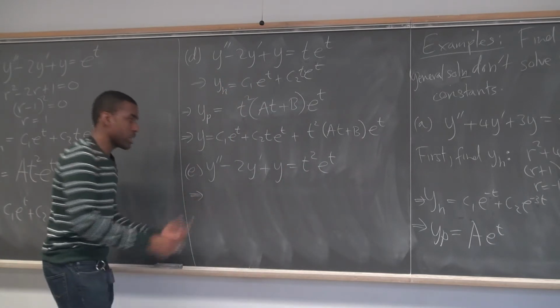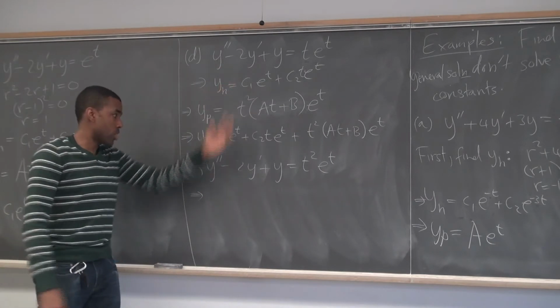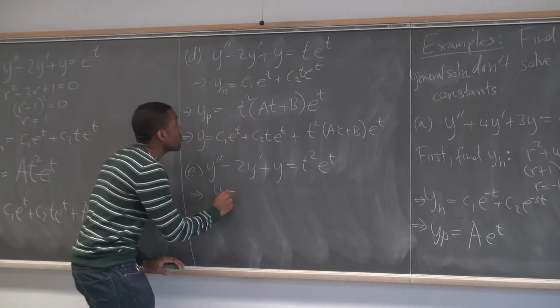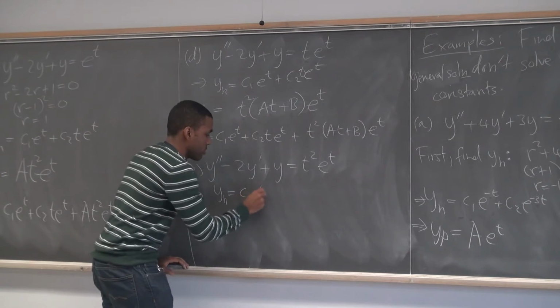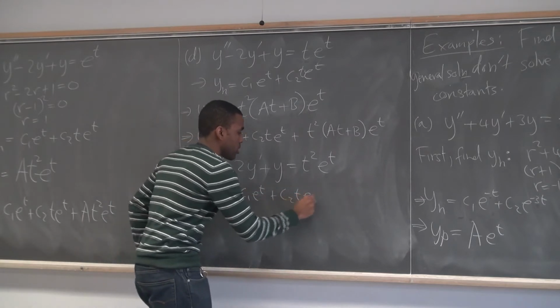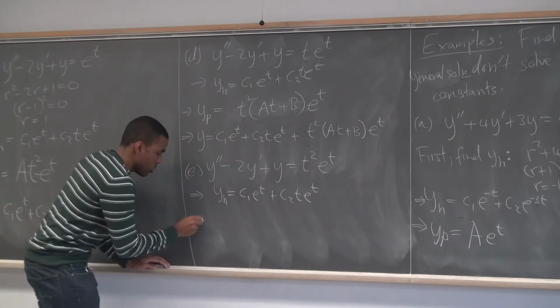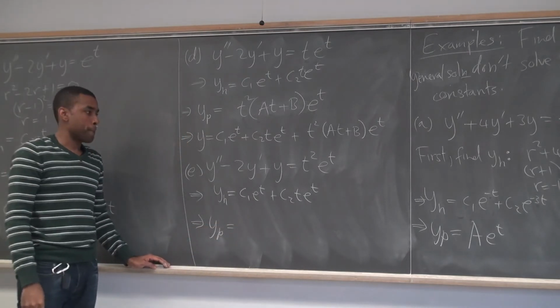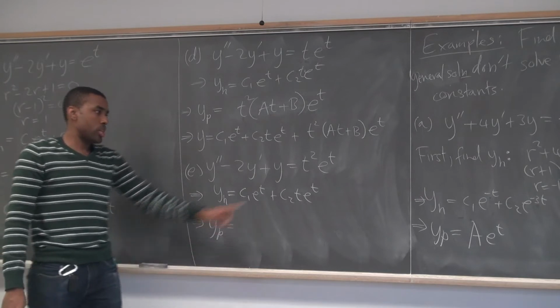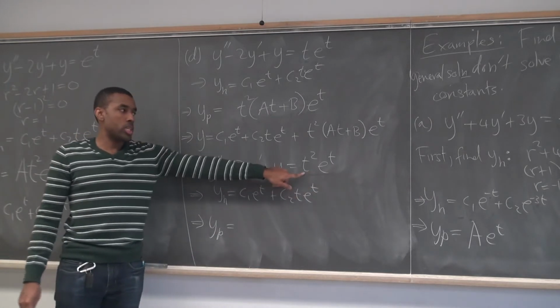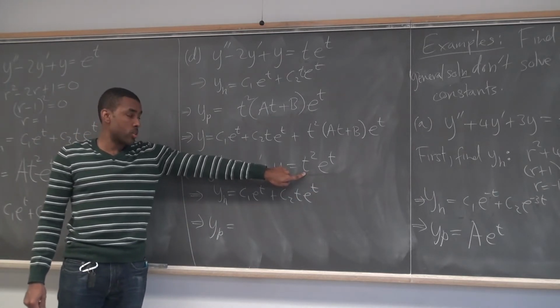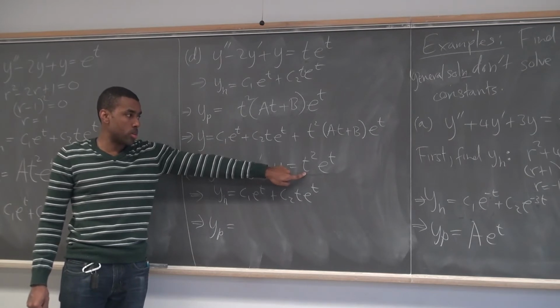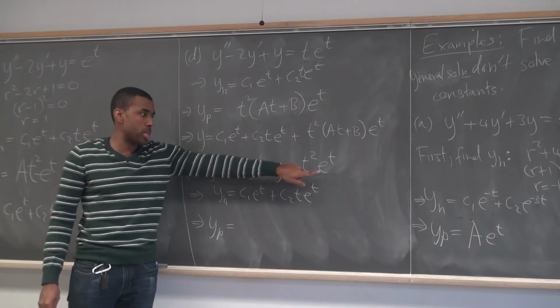Again, it's the same left-hand side, so our homogeneous is again the same. Now, what is yp? So we look at g. Notice g is a second degree polynomial times e to the t.